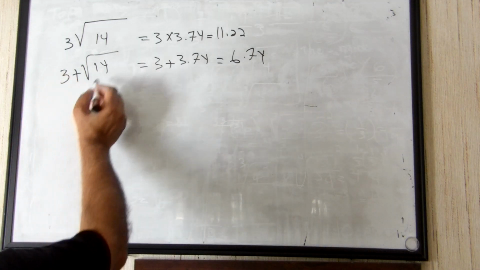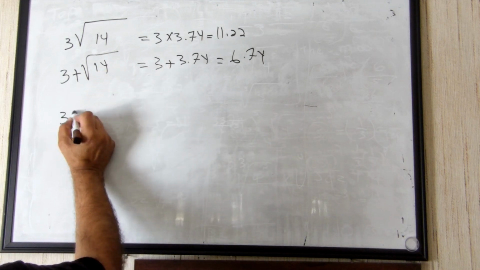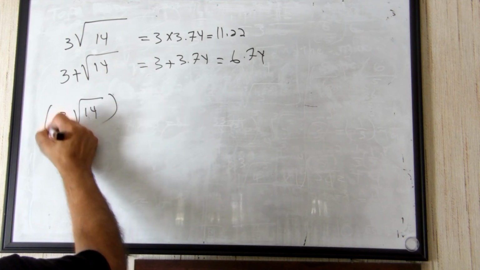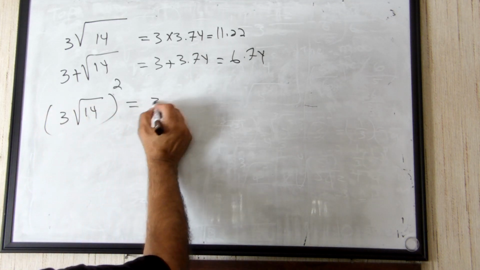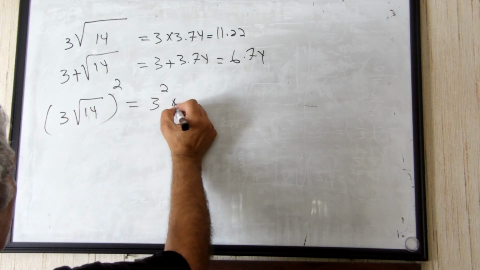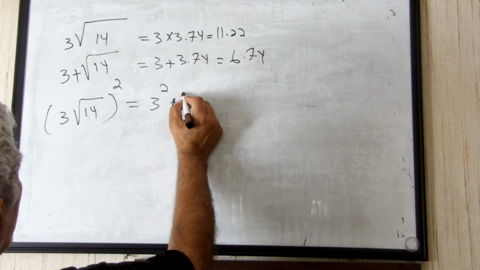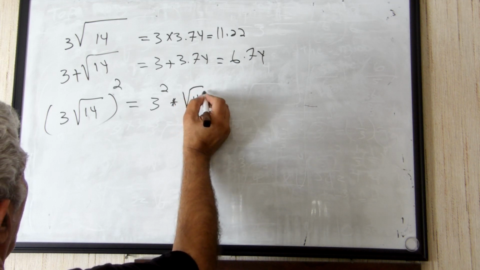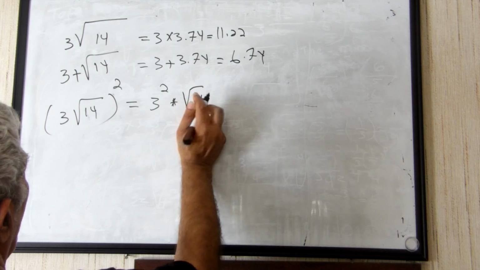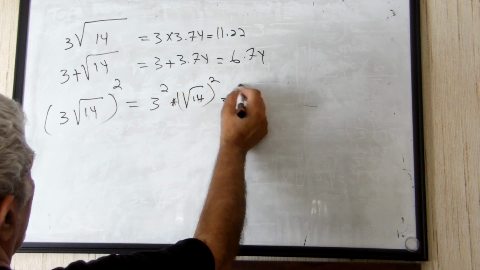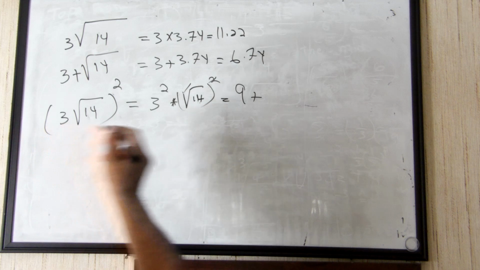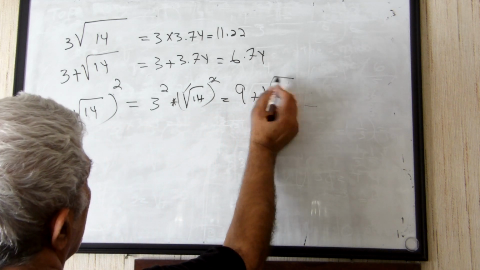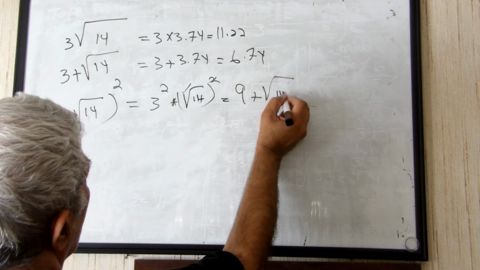But if you want to raise it to the power of 2, what's going to happen? The first one is going to be raised to the power of 2 times the second one to the power of 2, and it's going to be 9, and this cancels out. It's going to be like this, 14 to the power of 2.